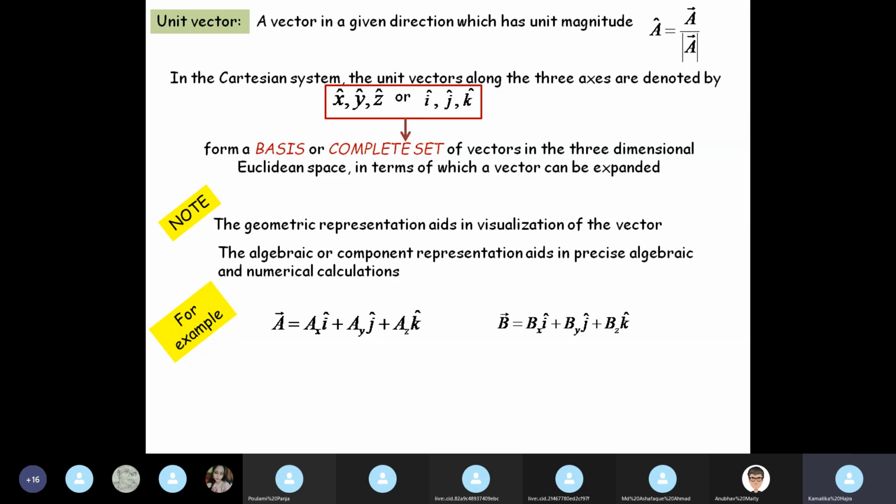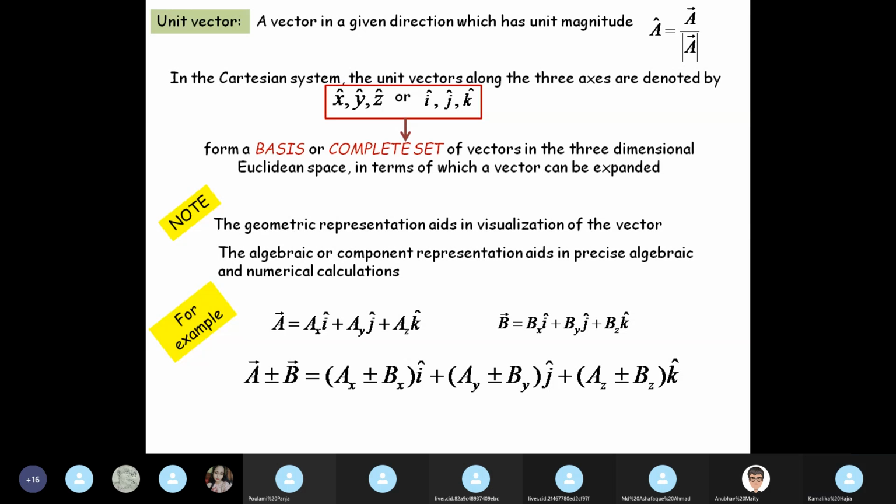If you are asked to add A and B, even if you do not know the geometric representation, you can quickly do this. A plus or minus B, vector addition, is simply scalar addition of the coefficients of i, j and k.